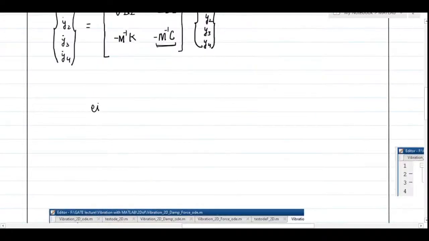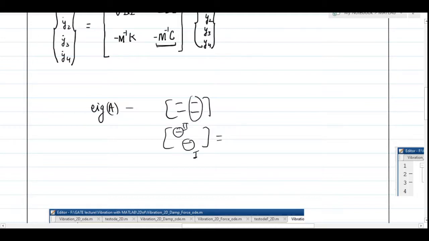When you are solving the eig command using a coefficient matrix, you will get two columns for mode shapes, as well as the diagonal values for the eigenvalues. Here, this is the first value and this is the second value. Similarly, this would be the first mode and this would be the second mode.